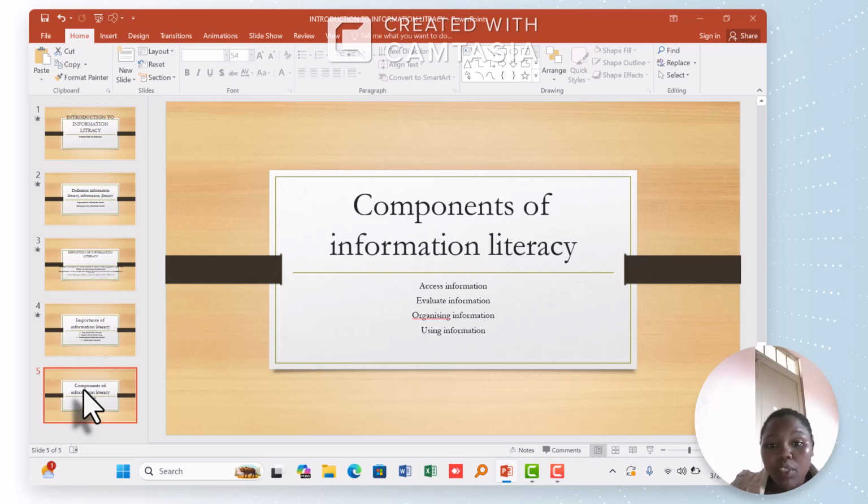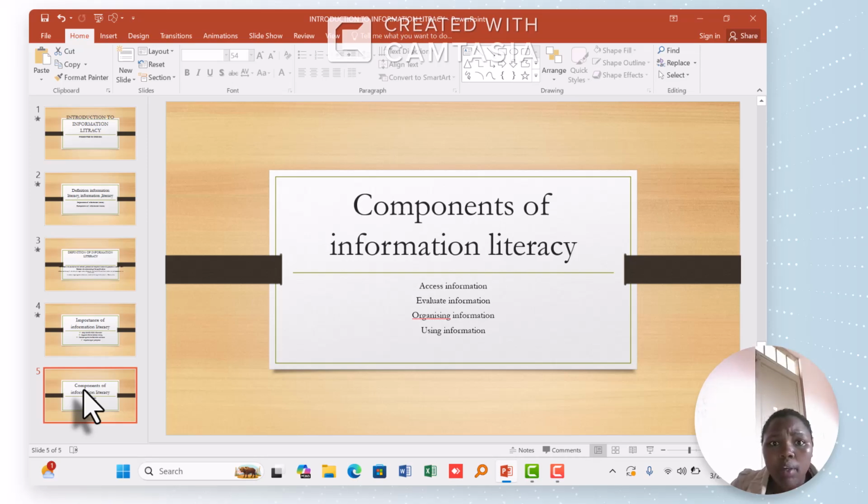Someone can access information from anywhere. You can use it in any field, be it public, or on any other occasion, anywhere someone feels like using this information.